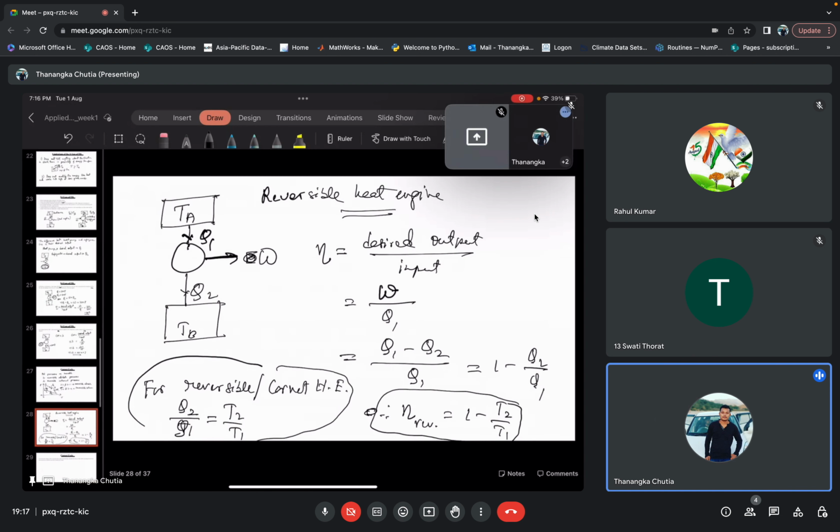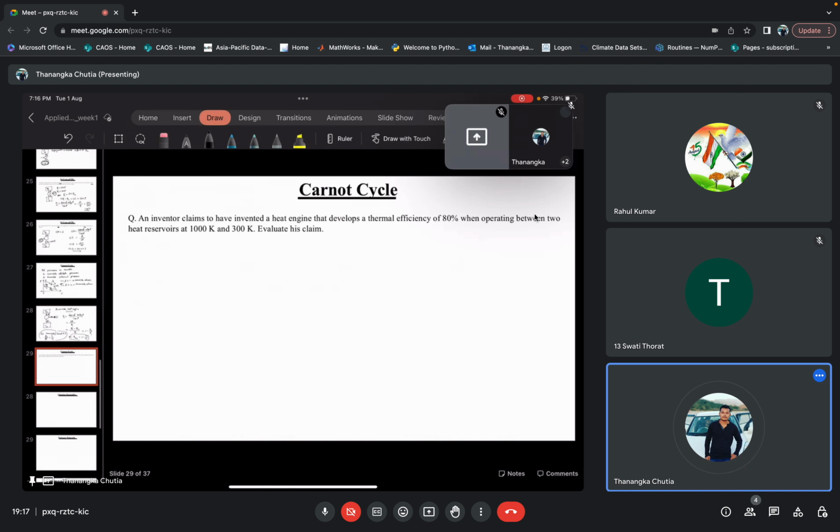Okay, we'll solve one problem and then you'll understand. An inventor claims to have invented a heat engine that develops a thermal efficiency of 80% when operating between heat reservoirs of 1000 Kelvin and 300 Kelvin. Evaluate his claim. What has he claimed? He has claimed that my efficiency is 80%.